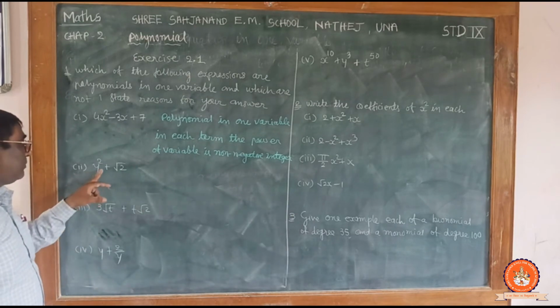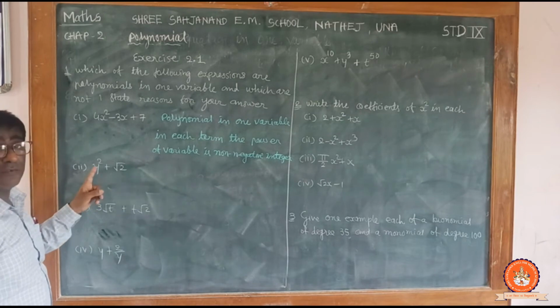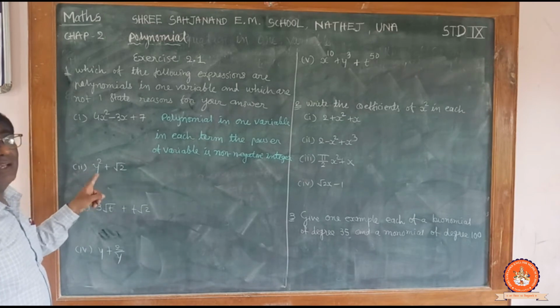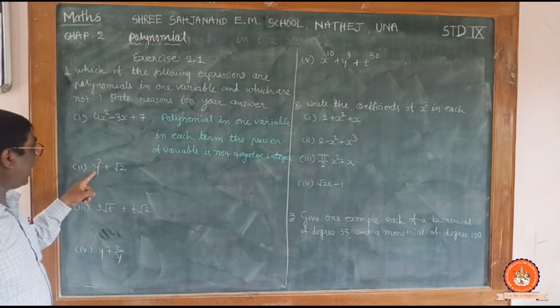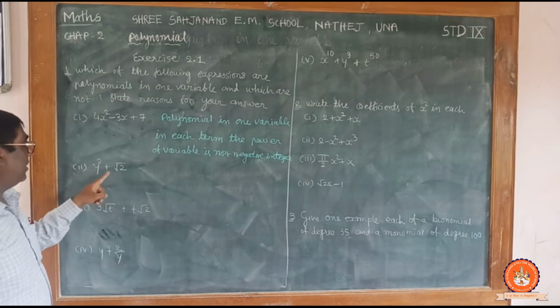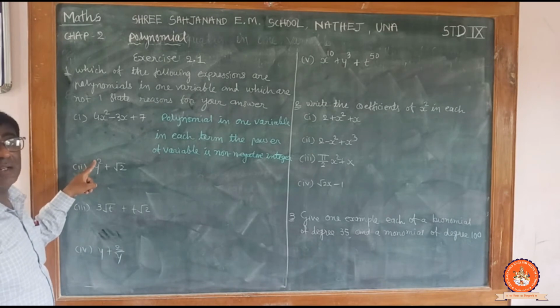Here, y square plus root 2. Only one variable y is there. The variable is here only, not here. And the power of the variable is 2, and 2 is a non-negative integer.